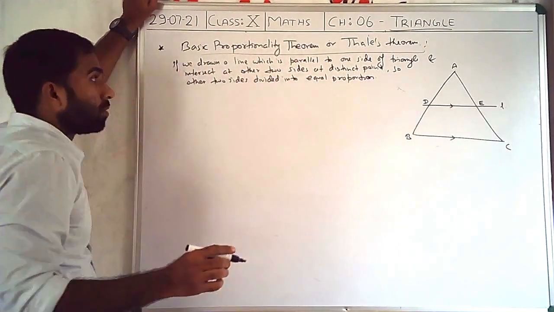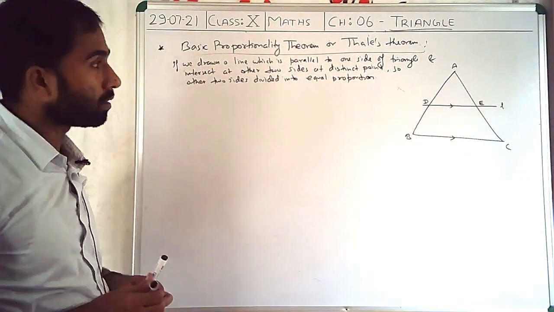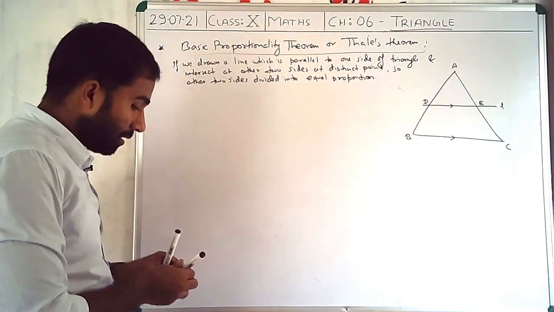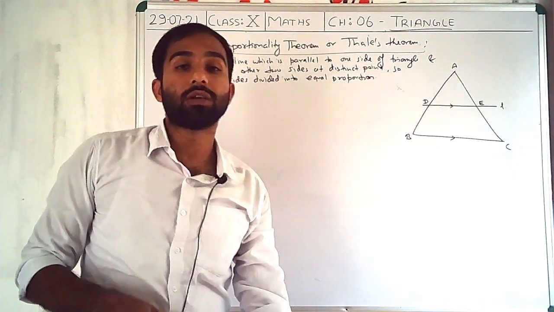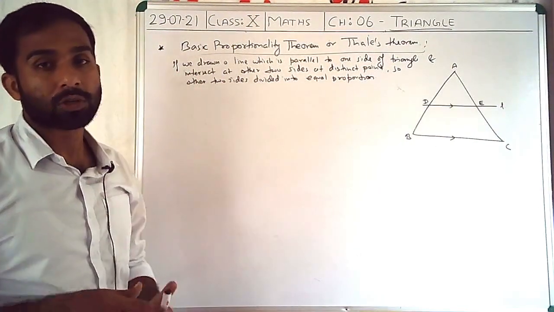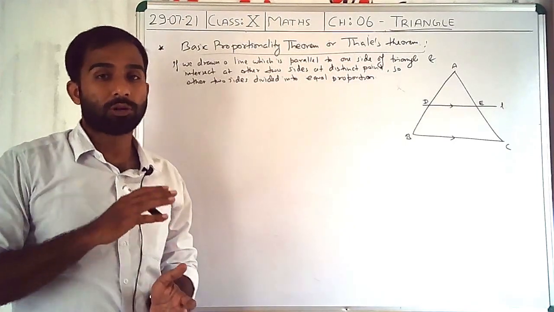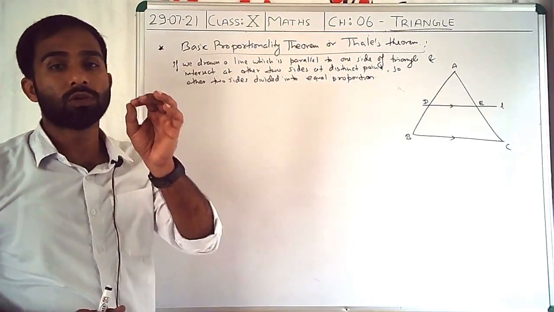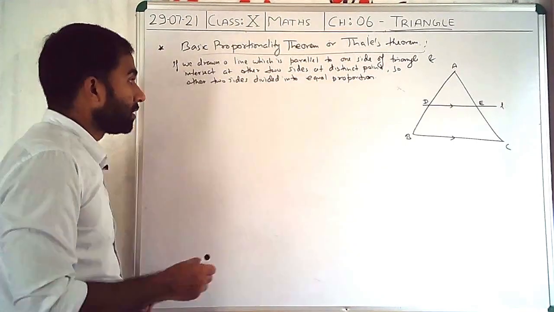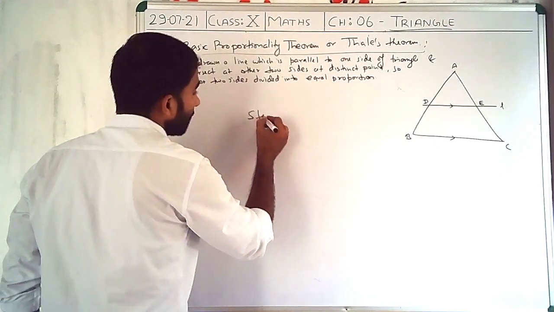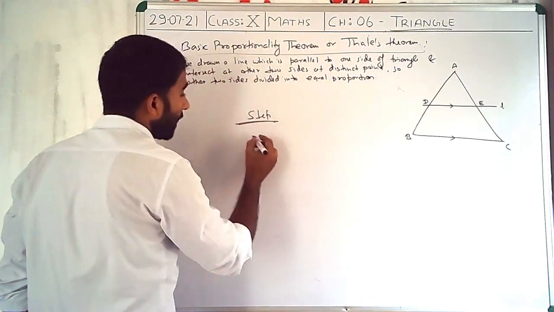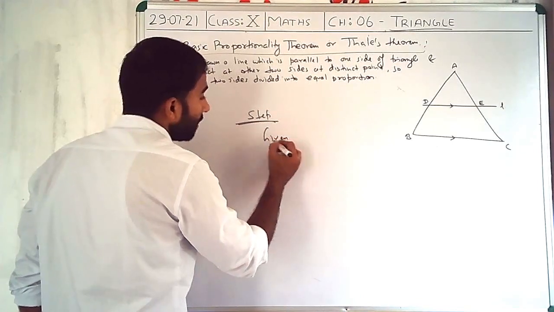I hope you all have remembered it. Now let's start. Whenever you are going to prove any theorem or any question in geometry, you need to follow a few steps. First of all, in the first step, you have to write the given information.